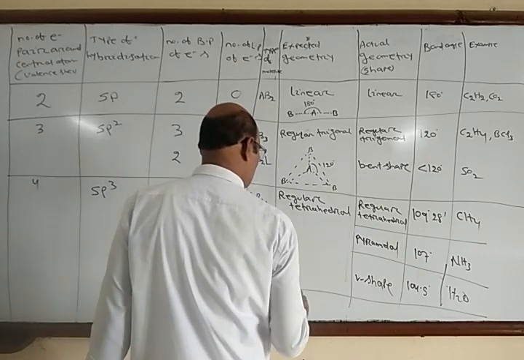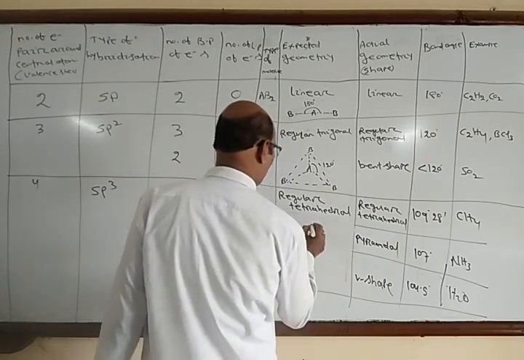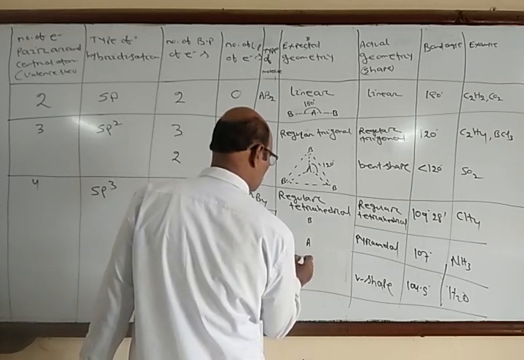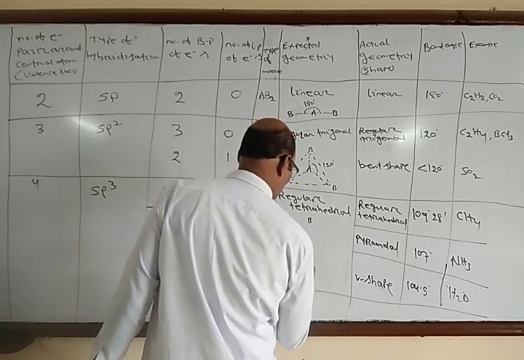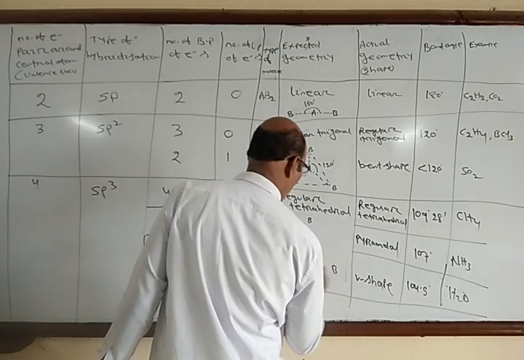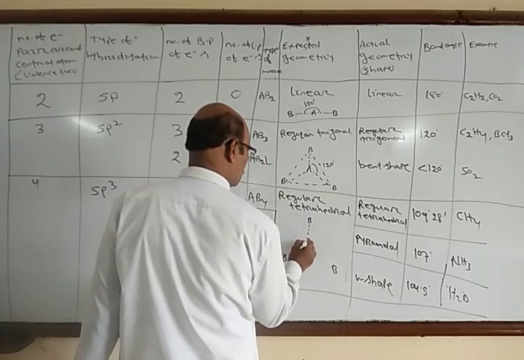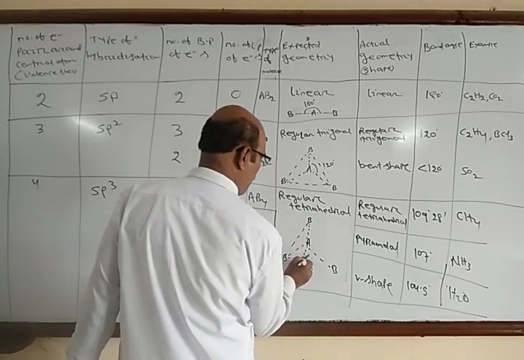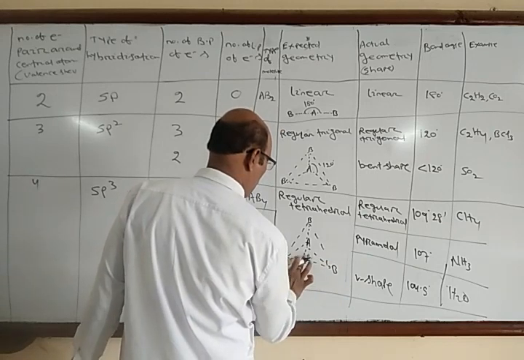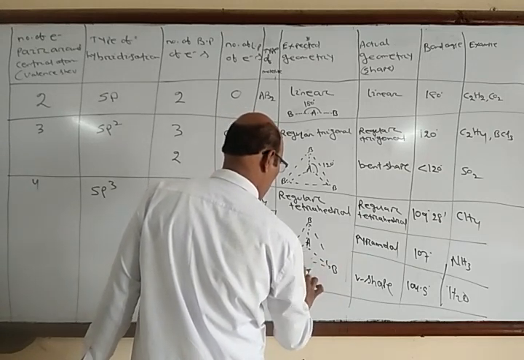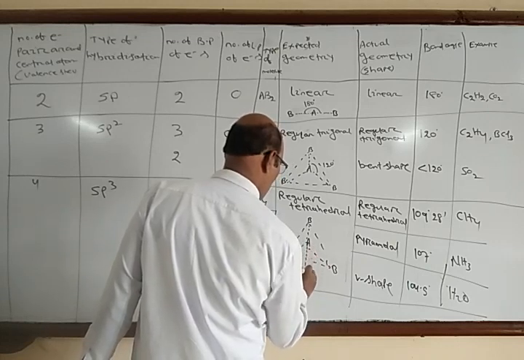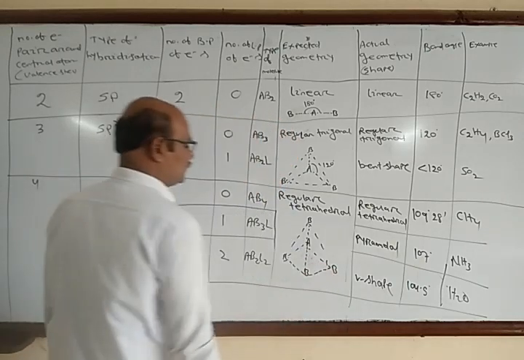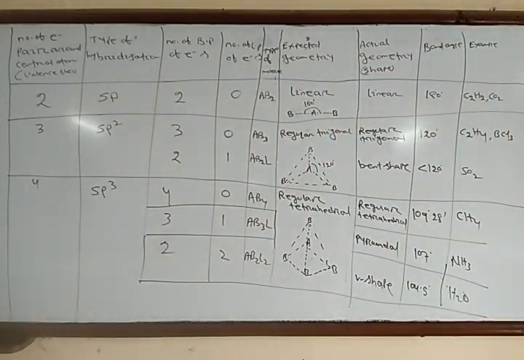Like this, you can take A, B, B, B, and B. Zero lone pair, AB4 type molecules.